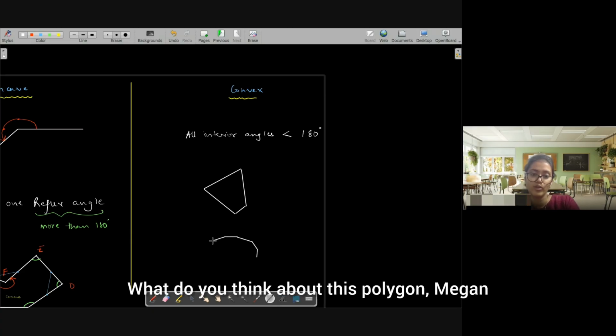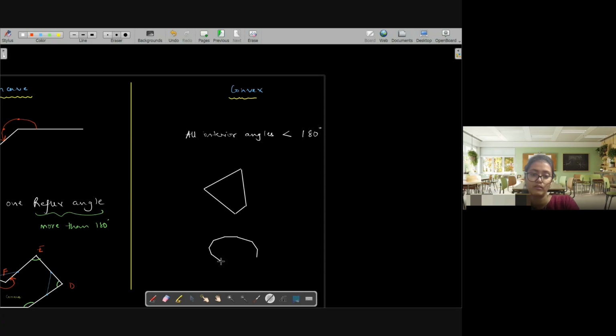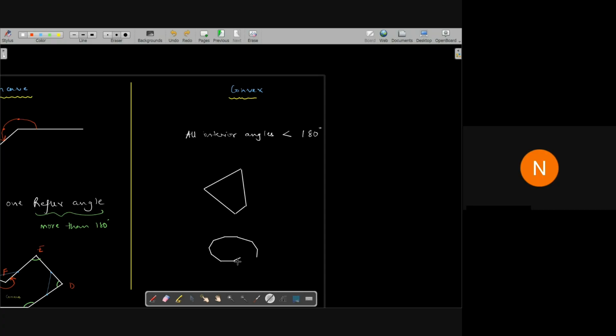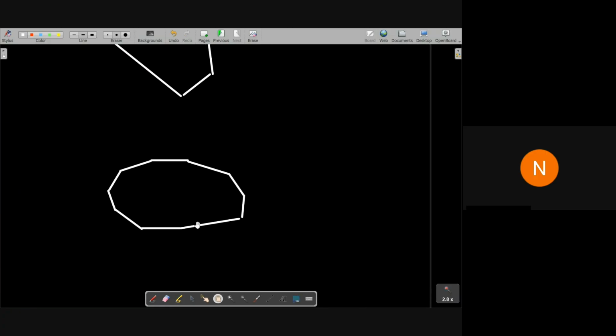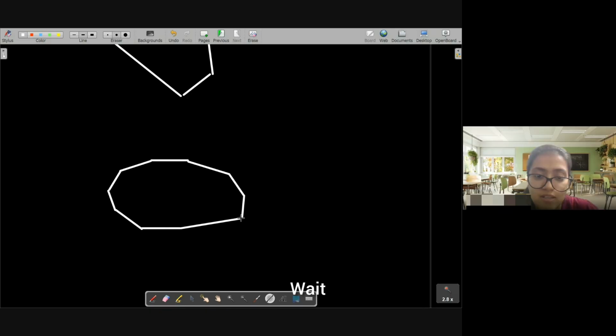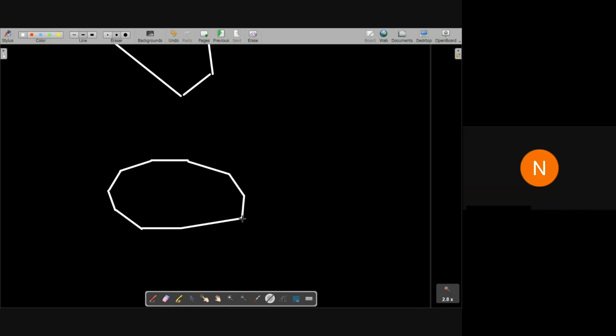What about this? What do you think about this polygon, Megan? Wait. That's not a polygon. Wait, Megan, why is this not a polygon? I mean, it's closed, but it doesn't look.